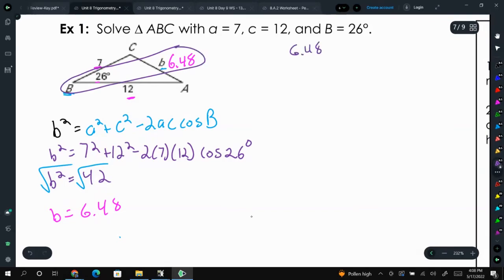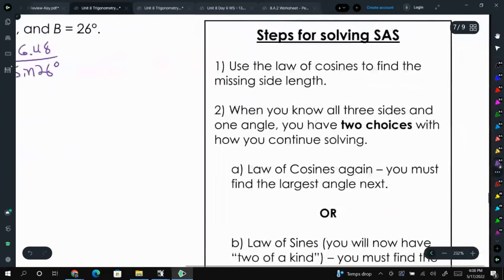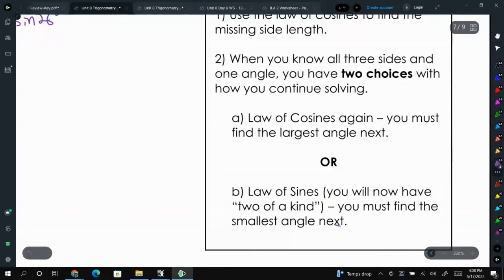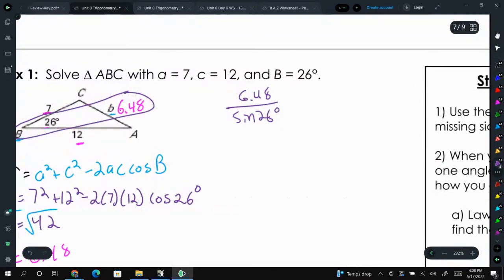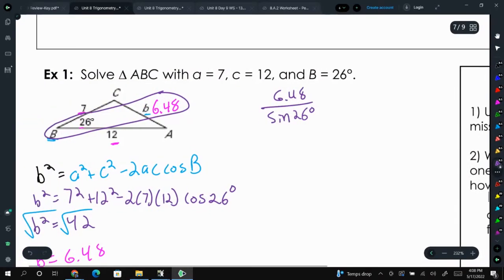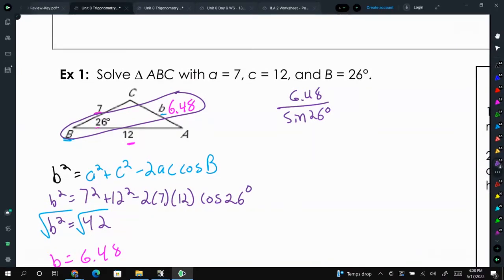So I'm going to pair these up: 6.48 over the sine of 26 degrees. Now, I wrote that if you're going to use the law of sines, you must find the smallest angle next. So is angle A or angle C going to be smaller? You can't just go by the picture, you have to go by the side lengths.